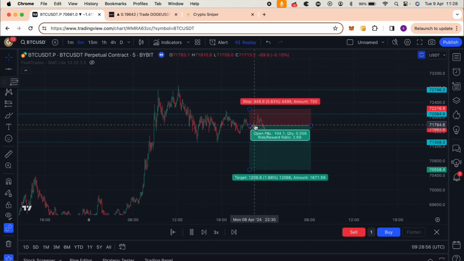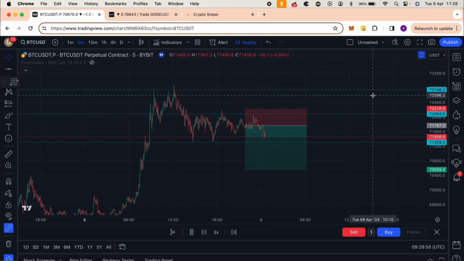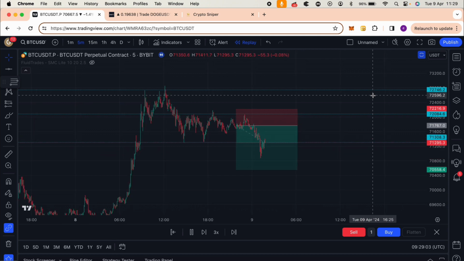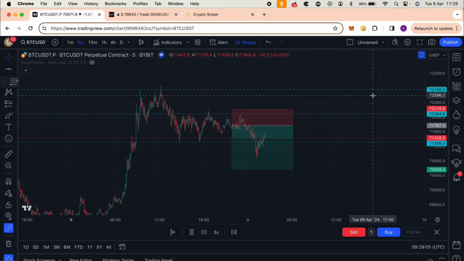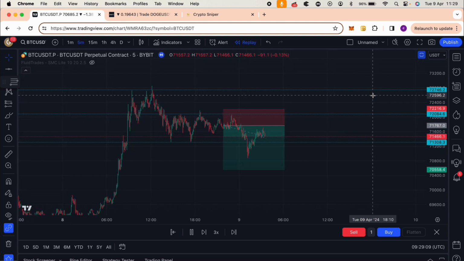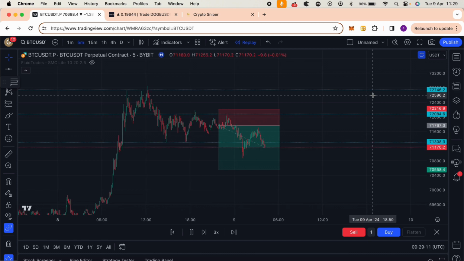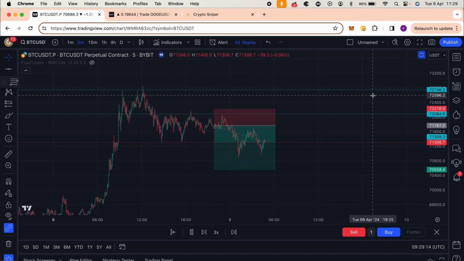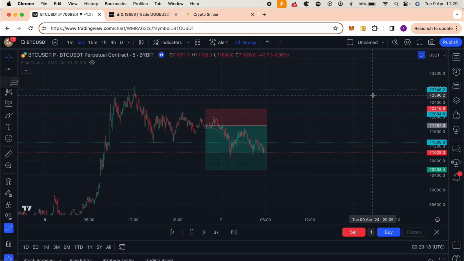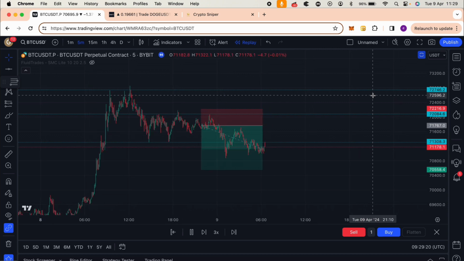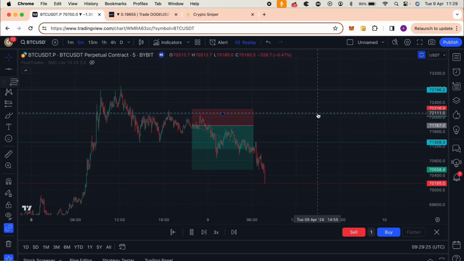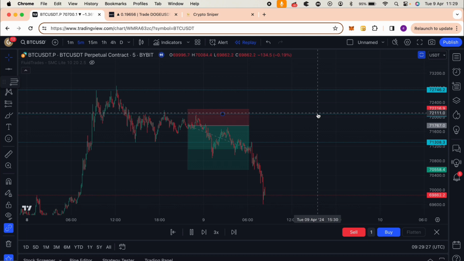As you can see, we had another touch here, but we didn't reach our stop loss, and now it's continuing to go down, and it smashed our take profit.